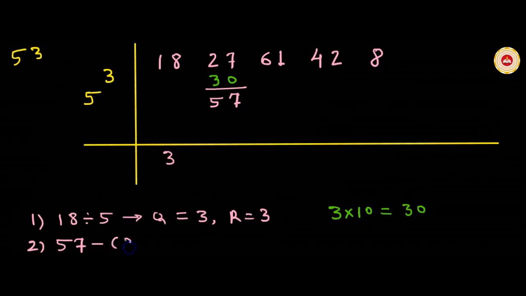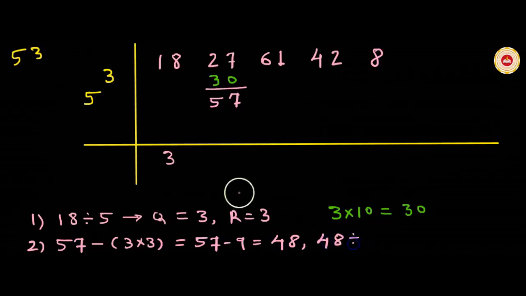That means 3 multiplied by 3 is 9, 57 minus 9 is how much? 48. This 48 is net dividend. Now divide net dividend 48 by divisor 5, which gives us quotient. How much? 5 9s are 45. Remainder is 3.